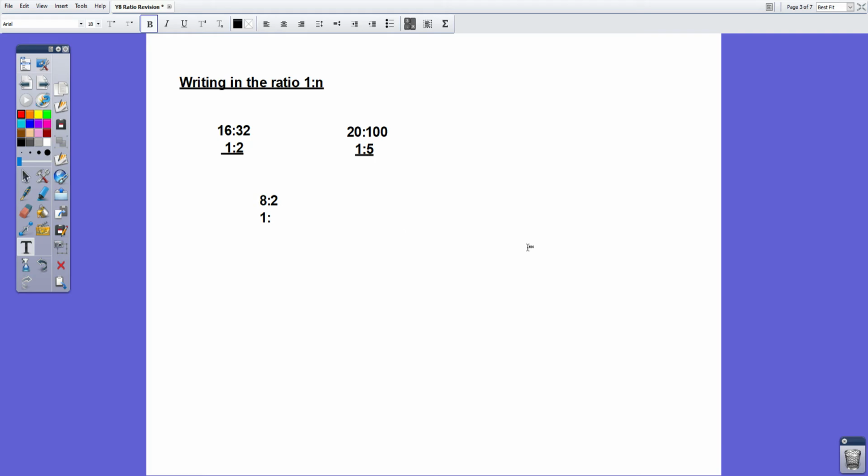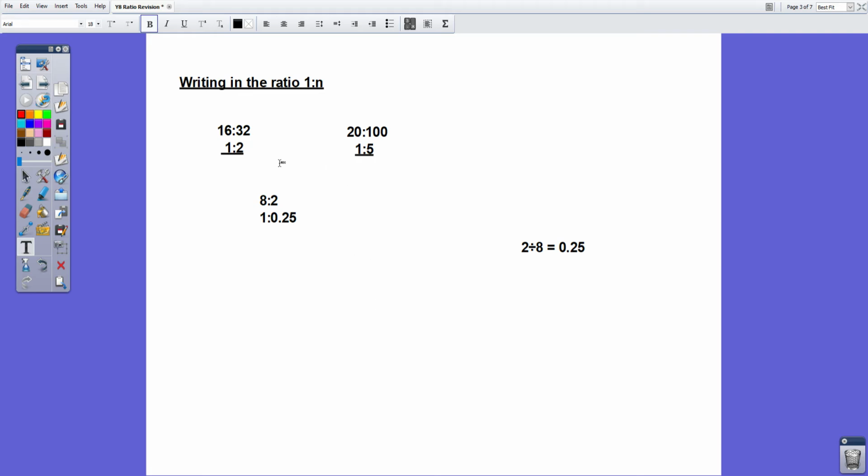We've actually got to do, let's write it over here, 2 divided by 8. Which gives us a decimal. 2 divided by 8 gives us 0.25, which we can get on a calculator. 0.25 or 1/4.